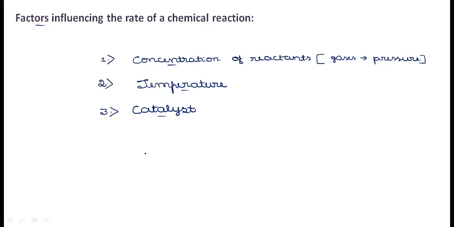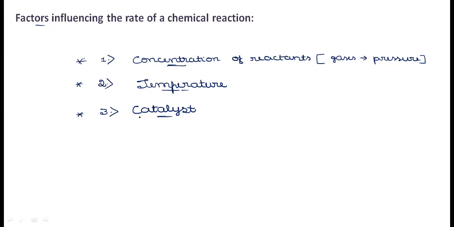Again with the help of the energy profile diagram, for uncatalyzed and catalyzed reactions, we'll see the differences. So these are the three important factors on which the rate of a chemical reaction depends: concentration of the reactant, temperature, and catalyst.